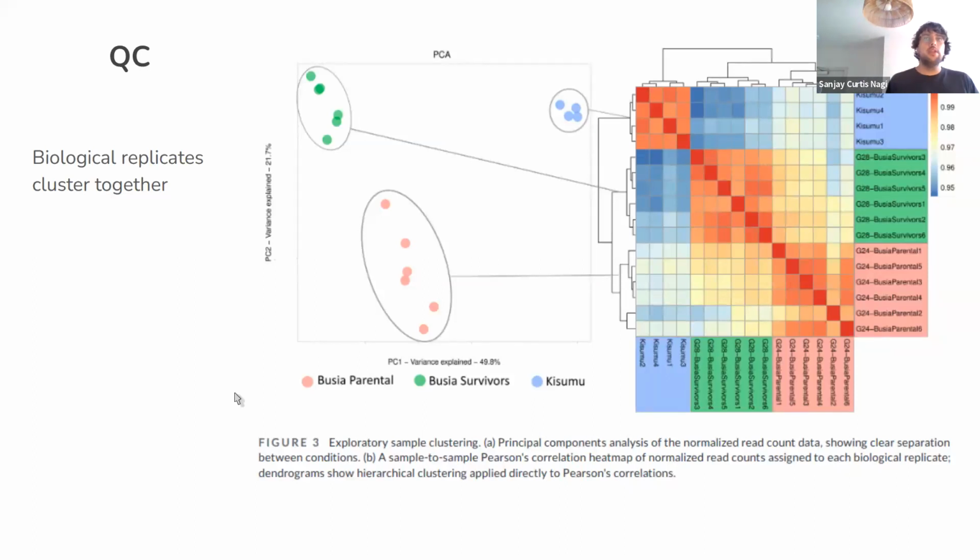The idea behind this is we want to see that our biological replicates cluster together. If we look at this PCA here on the left, we can see that each condition does indeed cluster together. This gives us a bit more confidence in the underlying data. And this is also mirrored in the hierarchical clustering as well. So that's positive.